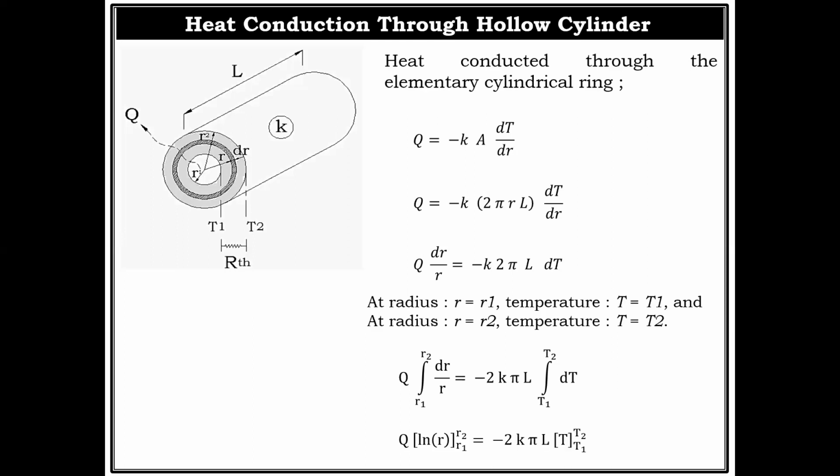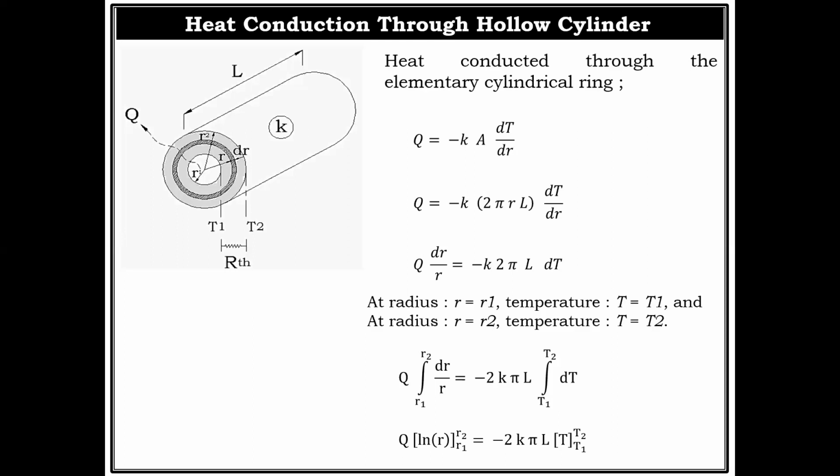On simplifying this, we get Q ln of r, limits r1 to r2, is equal to minus 2 k pi L times the integration of dT, which becomes T with limits T1 to T2.